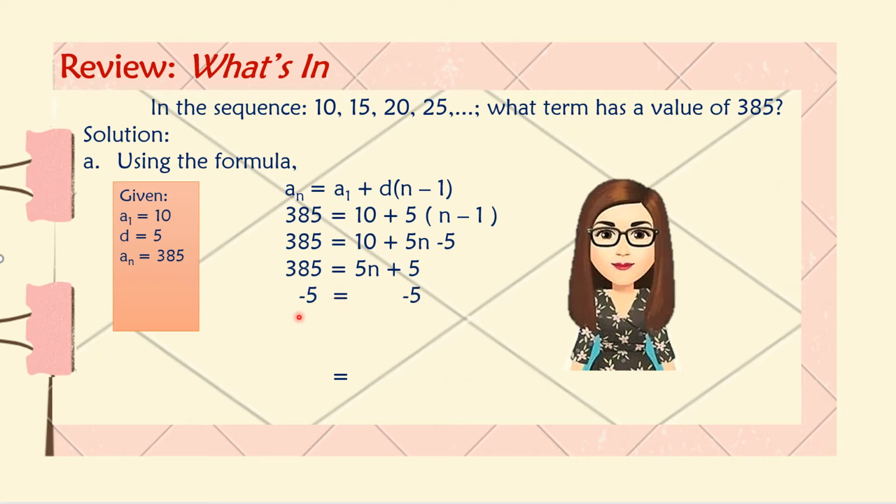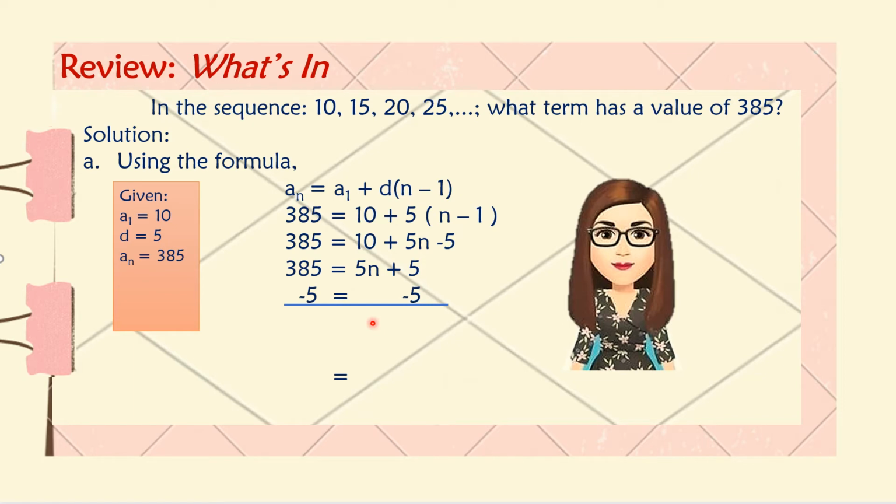For us to determine the value of n, we need to cancel first the positive 5 here. How are we going to do that? Give the additive inverse of positive 5, which is negative 5. Ibig sabihin, mag-a-add tayo ng negative 5 to both sides of the equation. Ang rule natin, whatever you do to the right, do it also to the left.